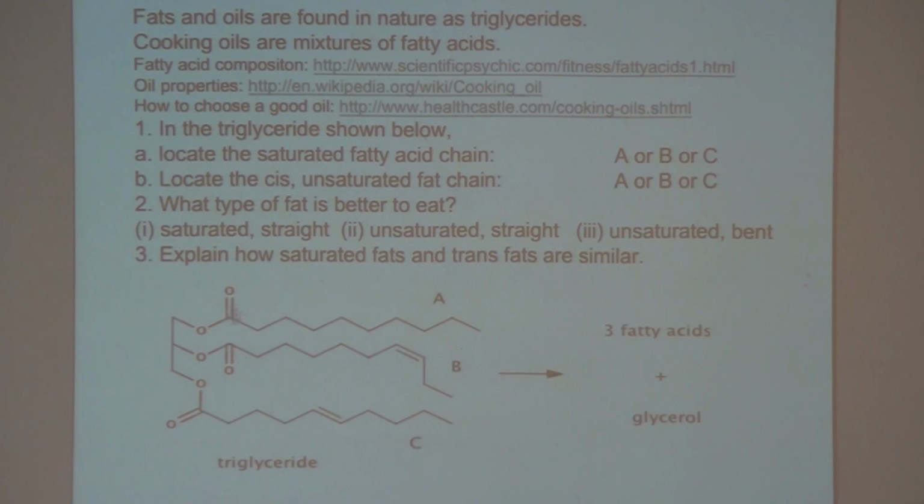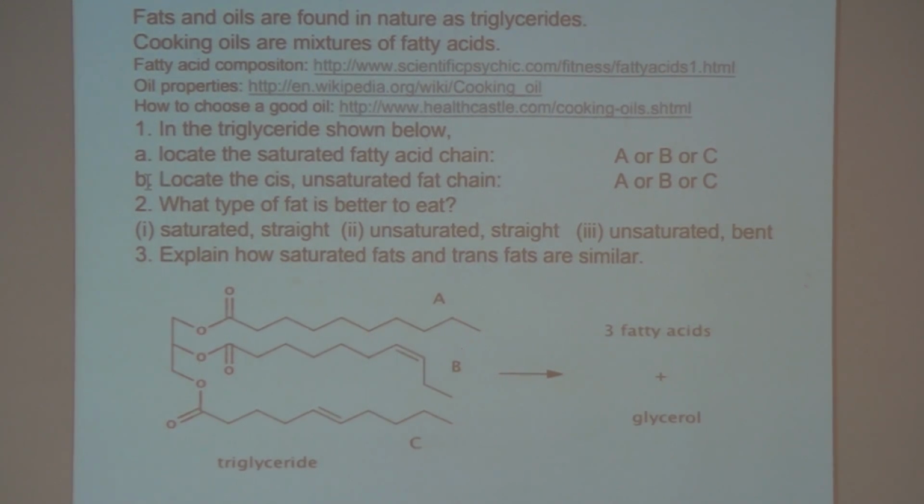So it turns out that if we break this bond here, and then connect an OH to that carbon, that makes this triglyceride into this fatty acid. And then note that this oxygen bonds to a hydrogen and becomes an alcohol.